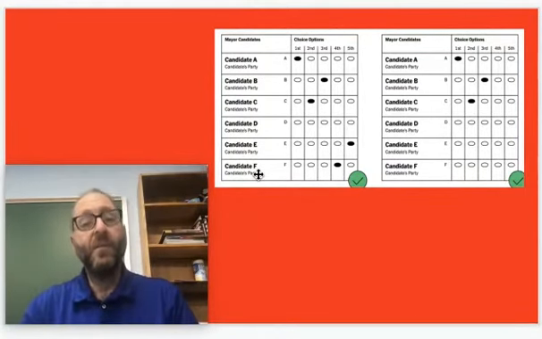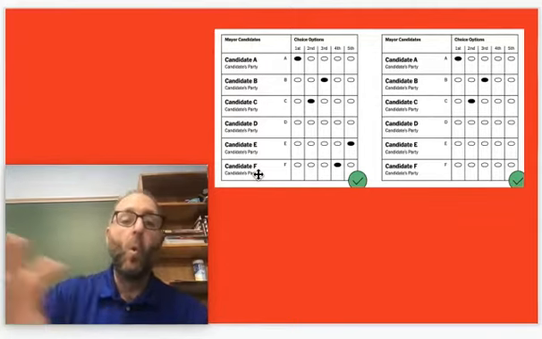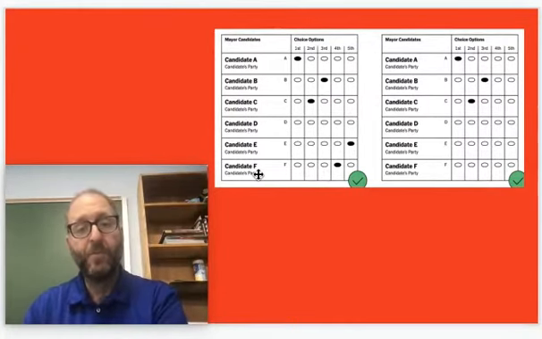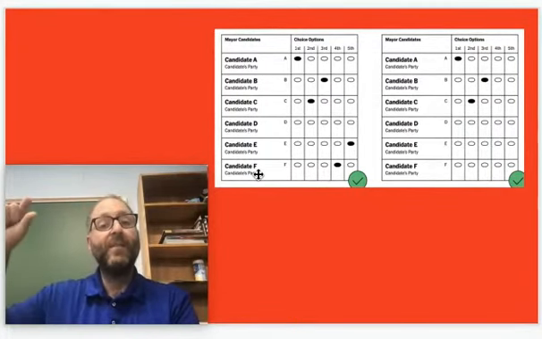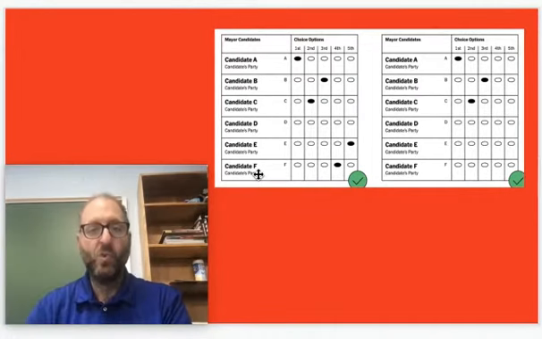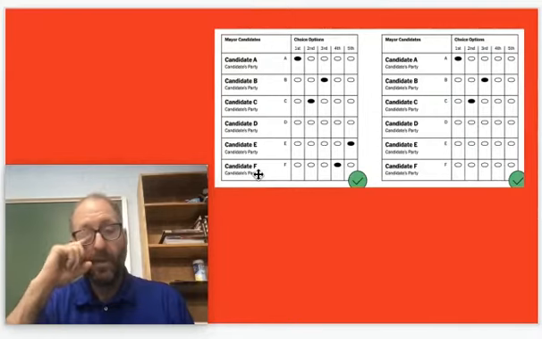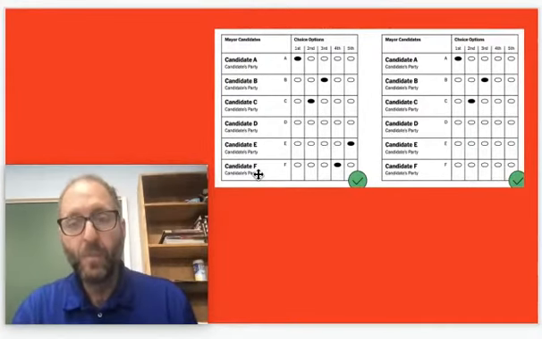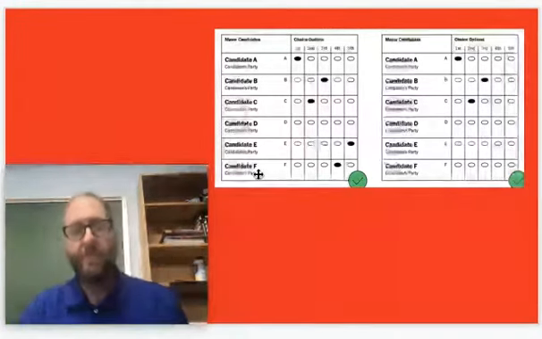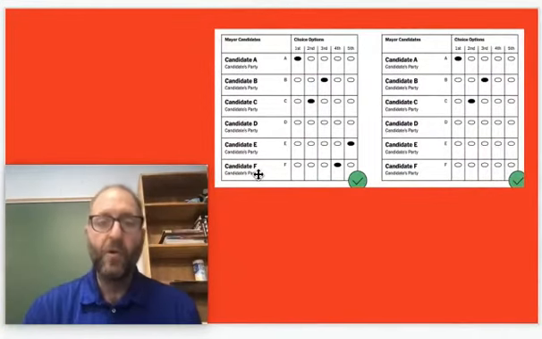Once that person is eliminated, they're going to go to all of the people who voted for that person, and they're going to take their second choice and give those votes to each candidate and then count it up again. If nobody gets 50%, then they're going to go to a third round.